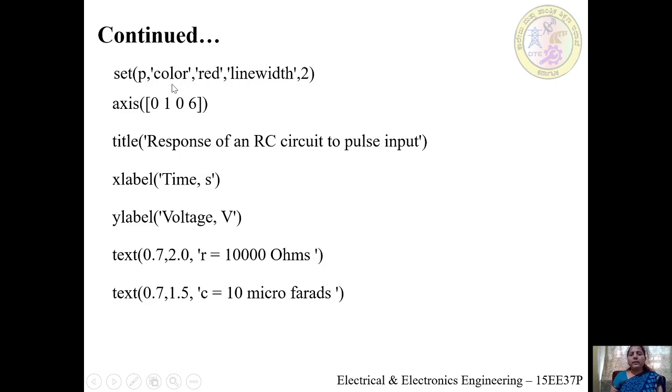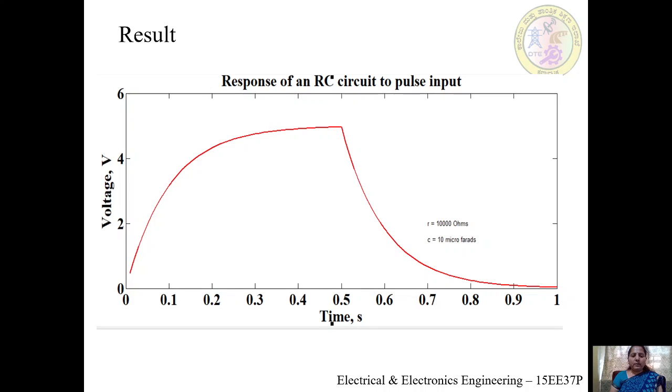I'm choosing the color as red, and the line width is changed to 2. Then I need to mention the axis details. Here I'm going for 0 to 1 for the x-axis, and 0 to 6 for the y-axis.